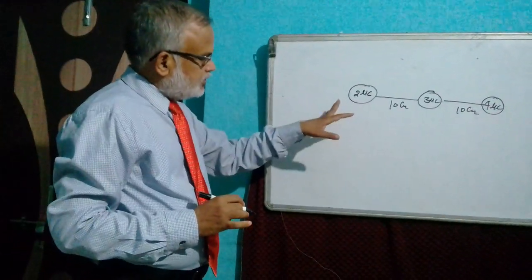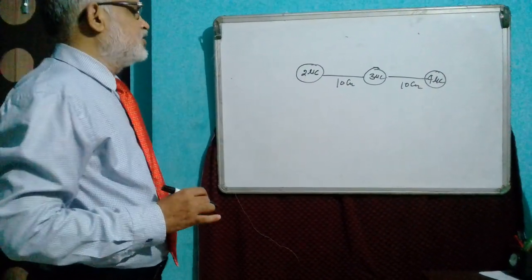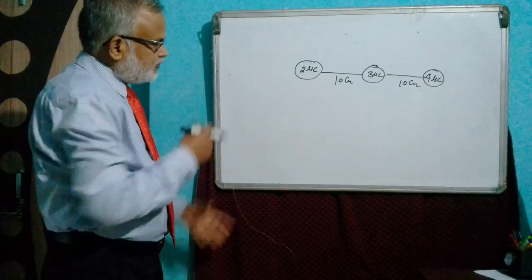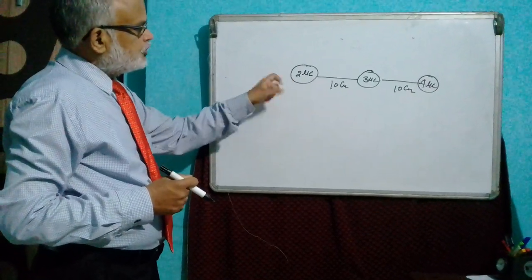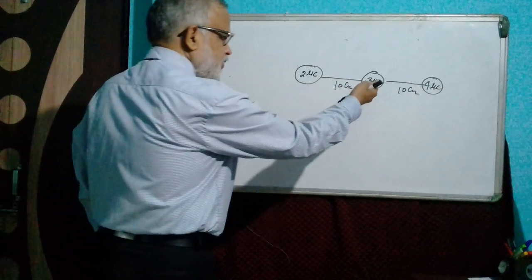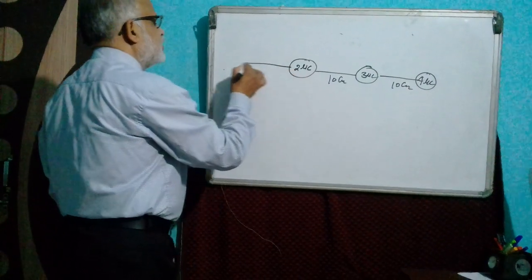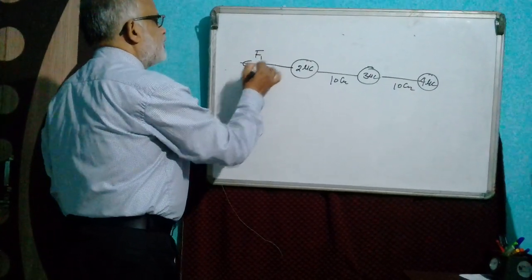To find the electrostatic force acting on the 2 microcoulomb charge, first we find the force applied by the 3 microcoulomb charge on the 2 microcoulomb charge, which is F1.